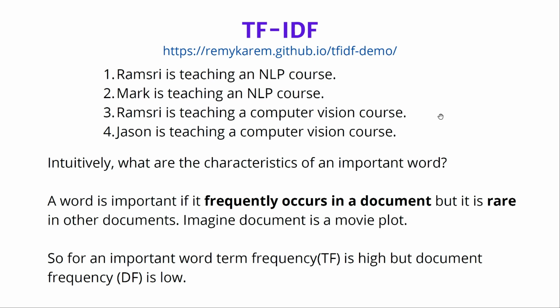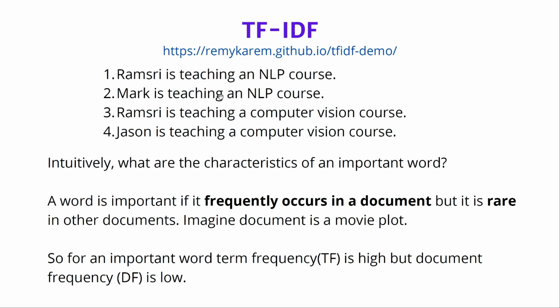Now if you intuitively think about it, what are the characteristics of an important word or keyword? I think it's a little bit subjective what a keyword or important word is, but what do you consider a prime or focus word? A word is considered important if it frequently occurs in a document, but it is rare in other documents.